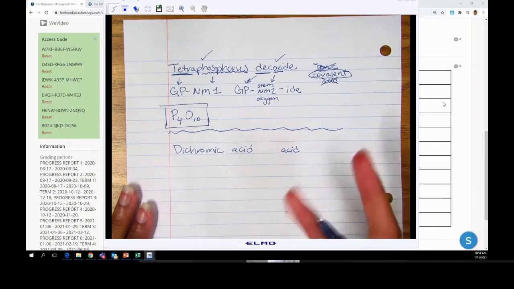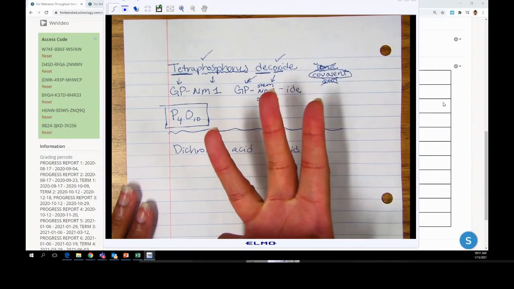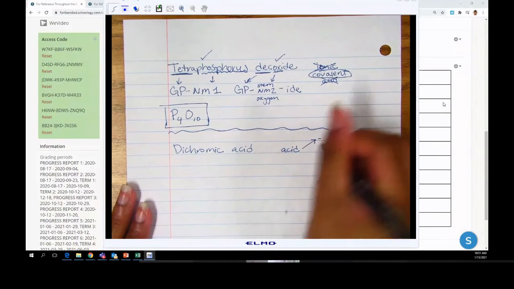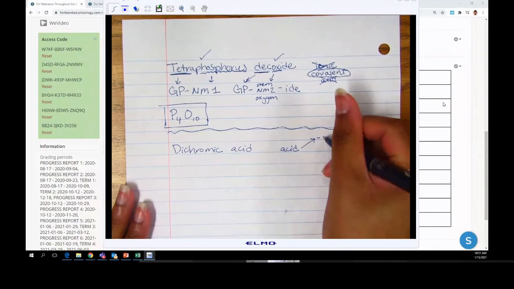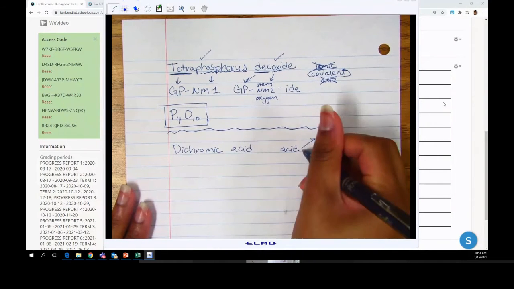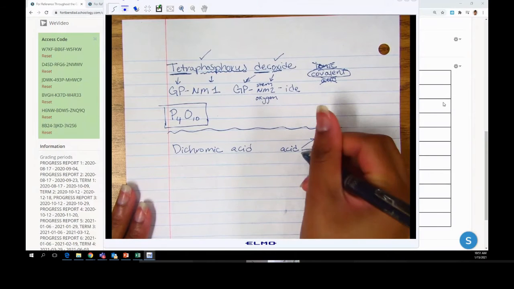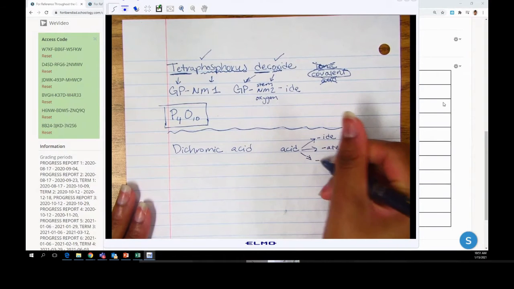But if we recall, there were 3 different acid naming rules. There was one if the ending of the anion was "-ide". There was a second one if it ended in "-ate". And there was a third one if it ended in "-ite".